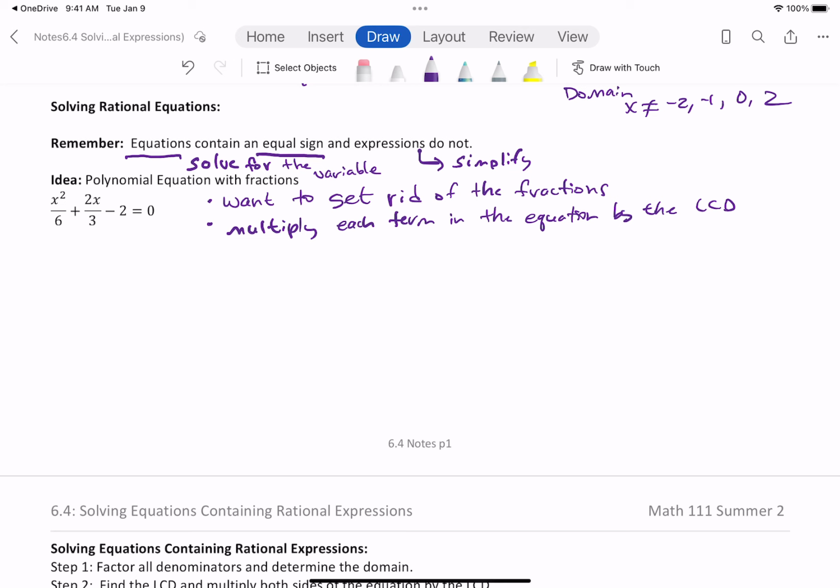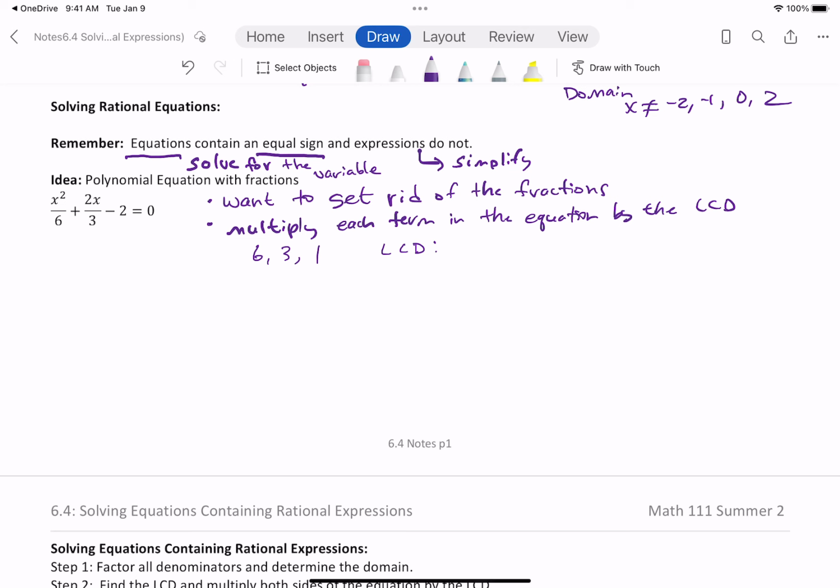So if I look at this polynomial equation, my denominators here are 6, 3, and 1. And you remember when we talked about finding the LCD when we just have numbers, we always start with the largest one.